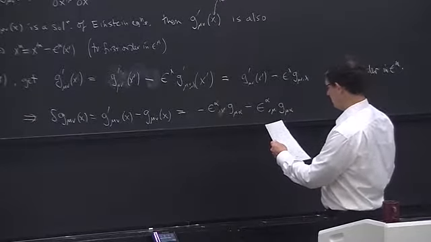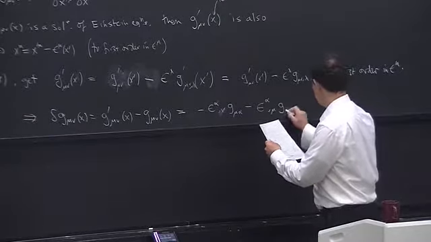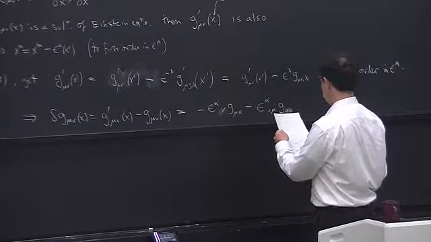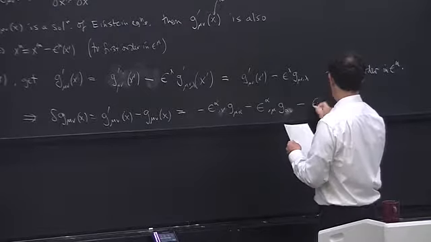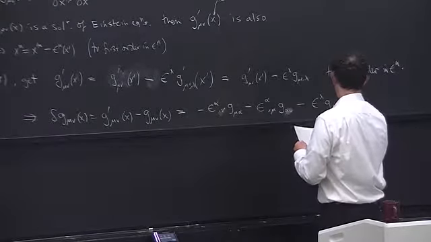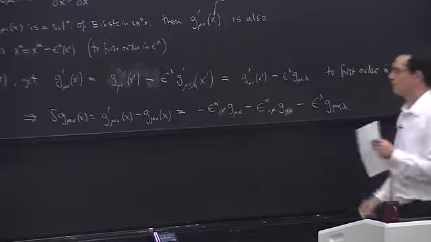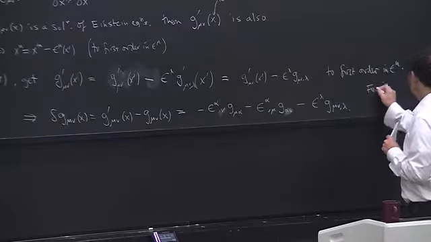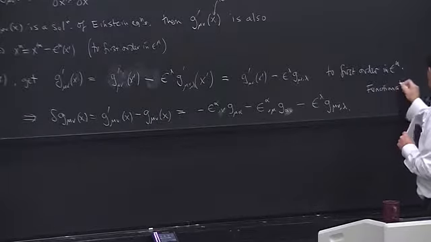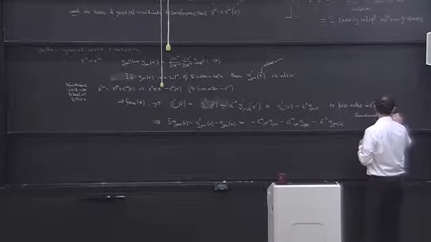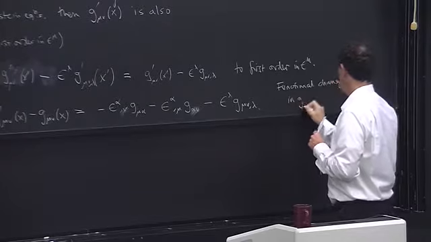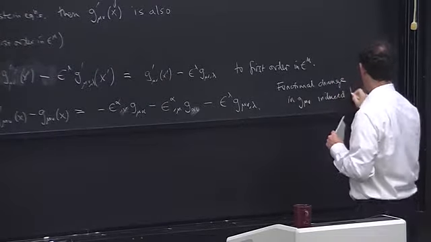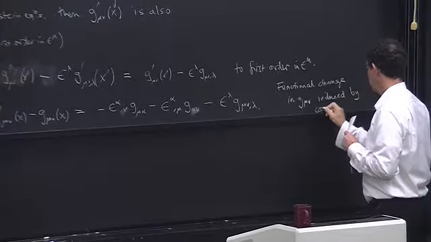minus epsilon alpha comma mu g alpha nu. And then minus this term, epsilon lambda g mu nu comma lambda. Okay, so this is the functional change in g mu nu induced by a coordinate transformation.